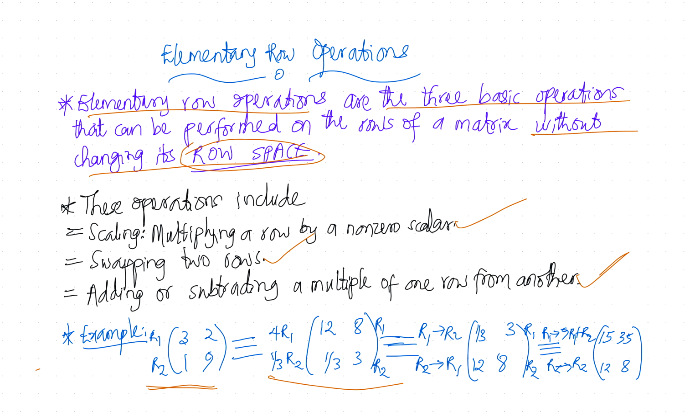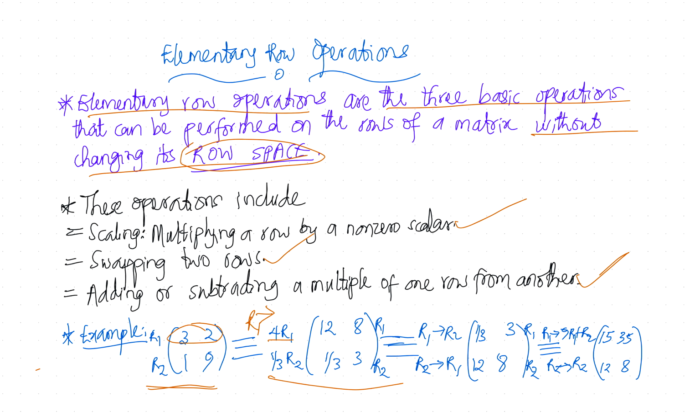That kind of thing you do with sound, right? So you have 4R1. 4R1 means that the new R1 for the new matrix is obtained by multiplying the old R1 by 4. So that means 4 times 3, 12, and 4 times 2, 8.